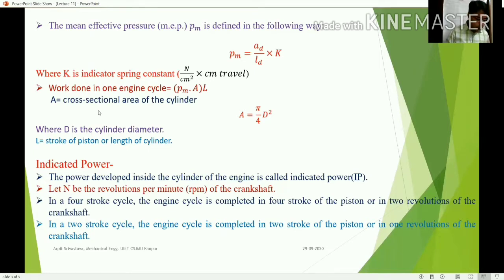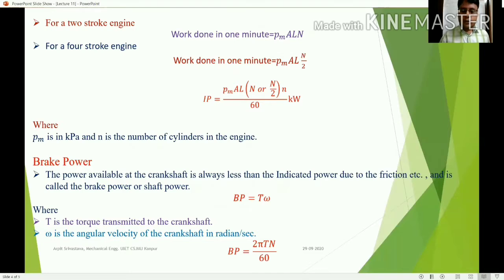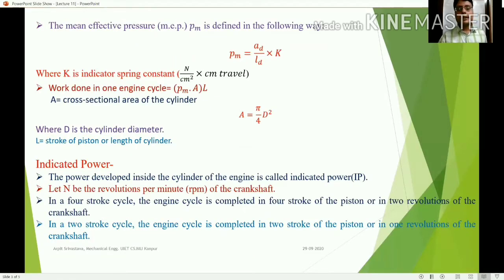If we want to define more about this K, F equals Kx for a spring, so K is defined as F upon X. That means it is the requirement of force per unit deformation, which is the mathematical definition of the spring constant K.